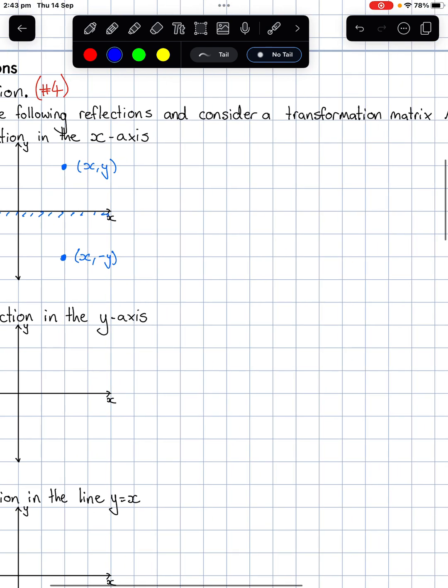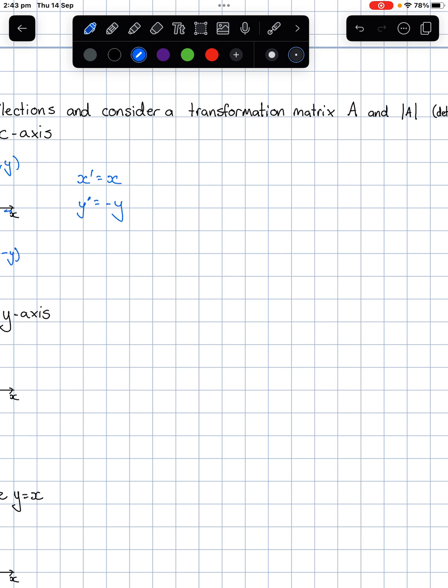And so in this particular reflection, our x transformed is just equal to our x not transformed, but our y is equal to our negative y. So the transformation matrix for this, if we go back and think about x dash y dash equals A, B, C, D, and then we've got our x and our y coordinates there.